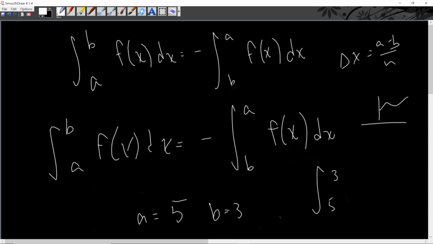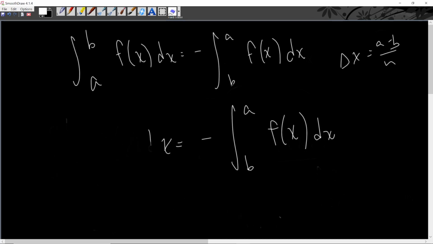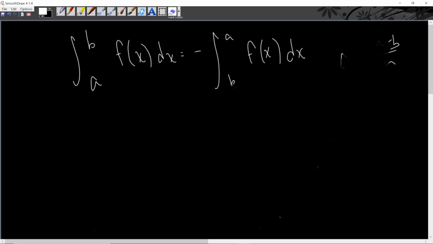If this is some f of x, your a is after your b, so it's not really possible to see some a to b area easily. You just have to flip your a and b and get a negative integral. So yeah, that's how you can manipulate your definite integrals to be more solvable.